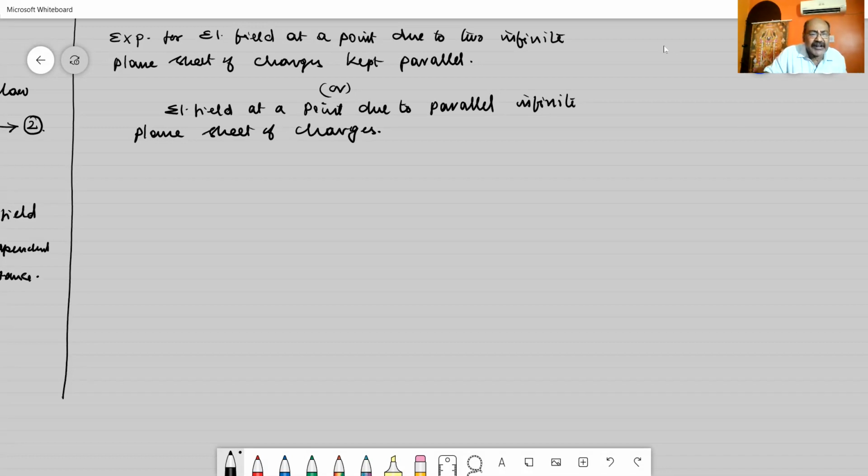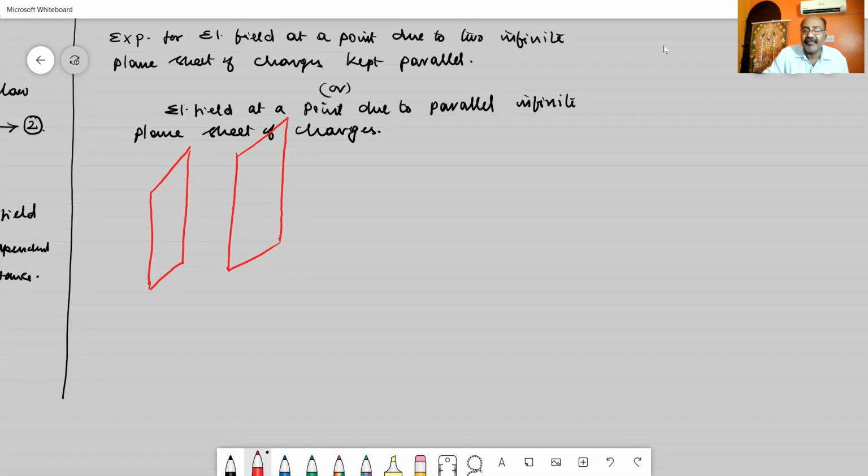In order to study this, I am taking two infinite plane sheets of charges kept parallel to each other. This is one of the plane sheets, and another plane sheet I am placing here, which is of the same size, and both plates are parallel to each other.